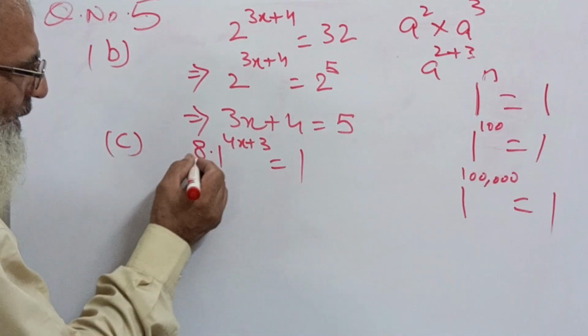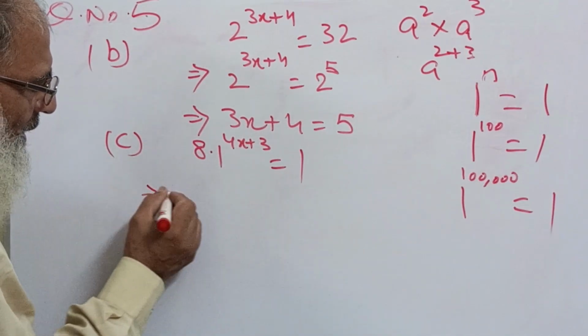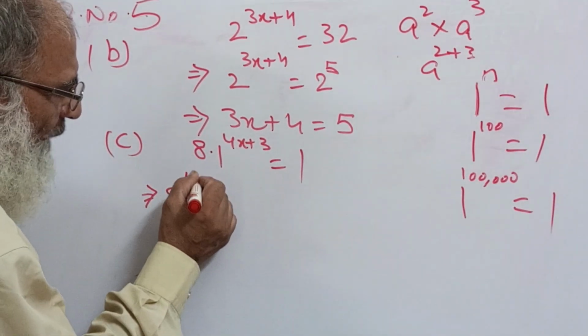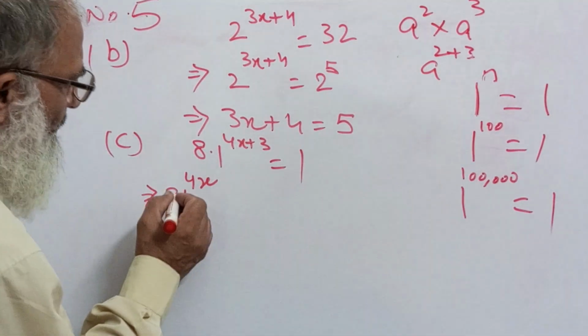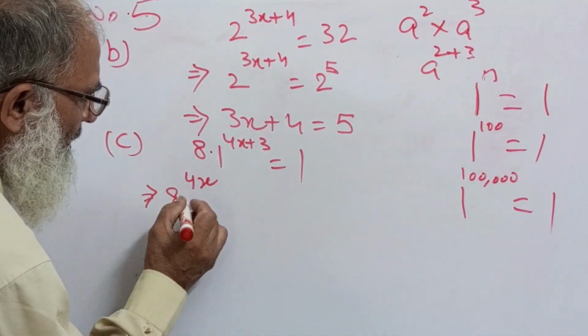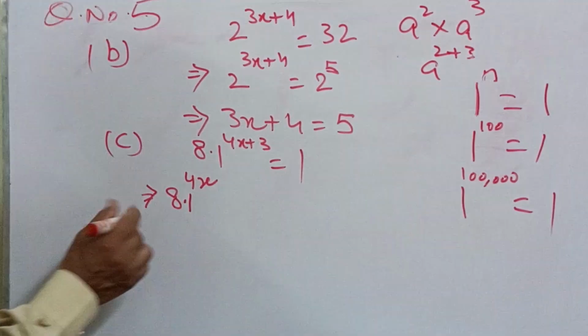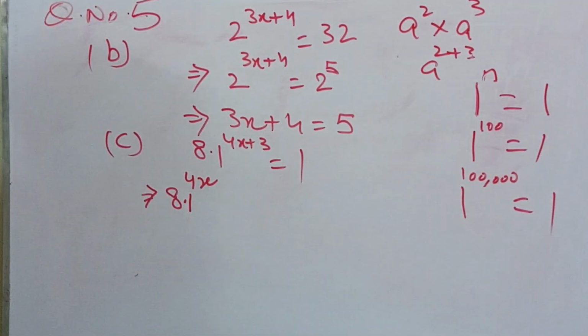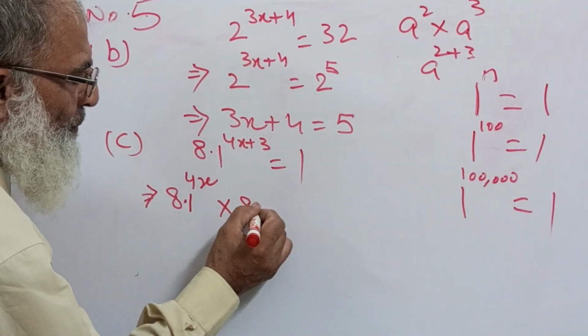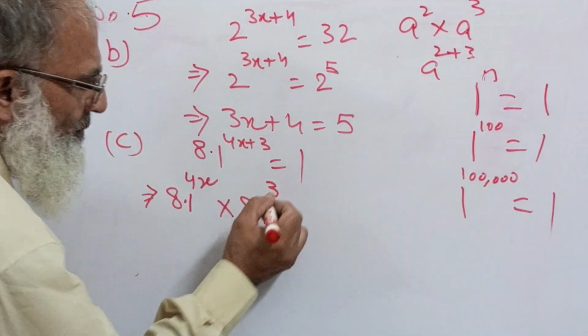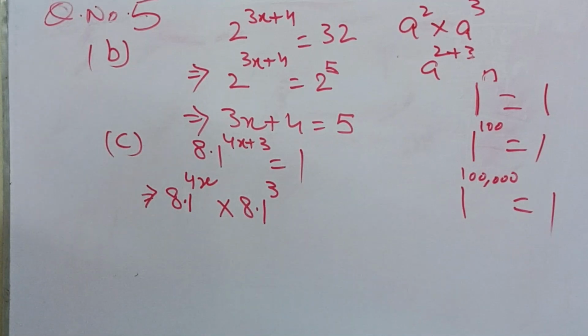Now you see that this 8.1 raised to power 4x plus 3 can be written as 8.1 raised to power 4x multiplied by 8.1 raised to power 3.